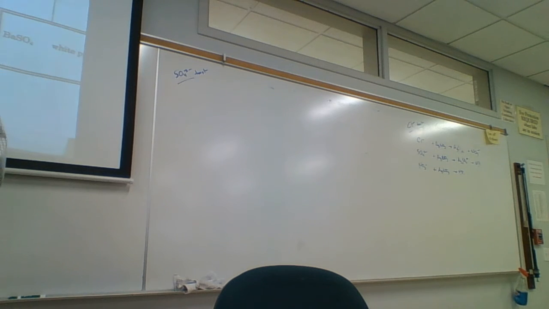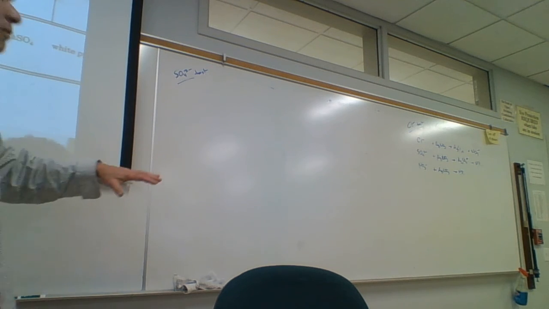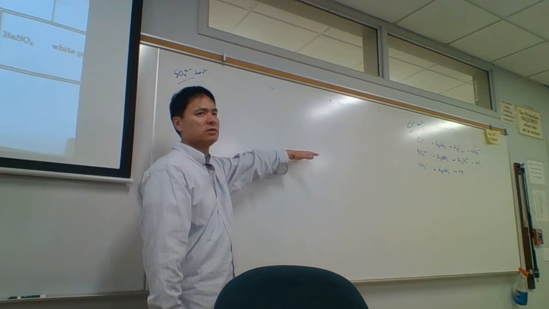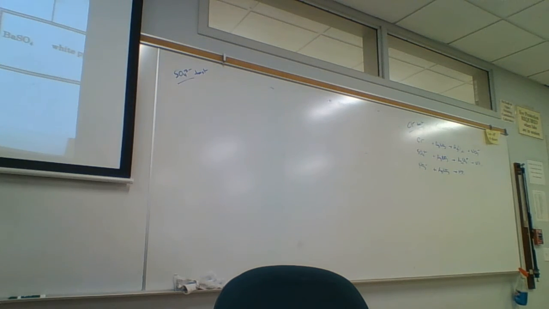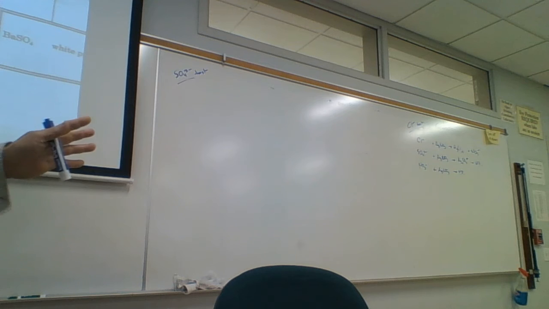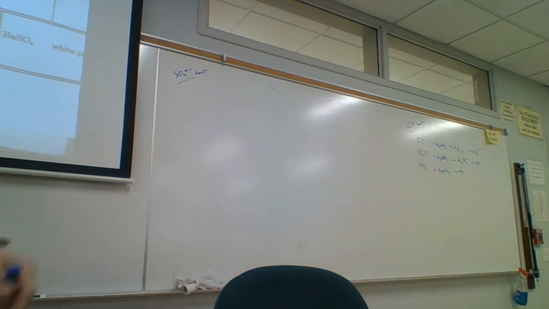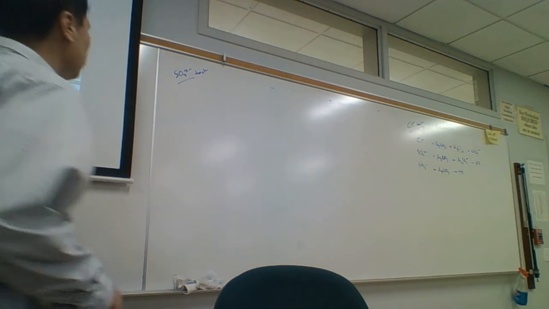When you go pick up your unknown, it is going to contain both the unknown cations and the unknown anions. And so you have to make sure you have enough unknown mixture to test for the main part of the flow chart, silver, lead, barium, manganese, and the ammonium test, and the chloride test, and the sulfate test, and the nitrate test. And so you got to make sure you have enough of those.